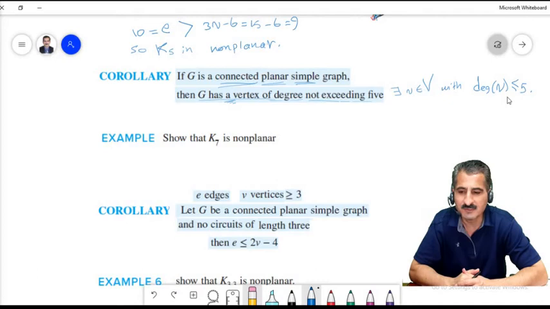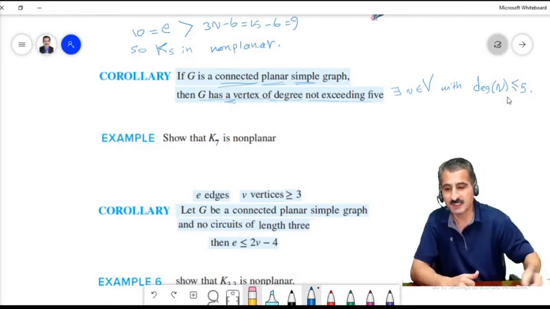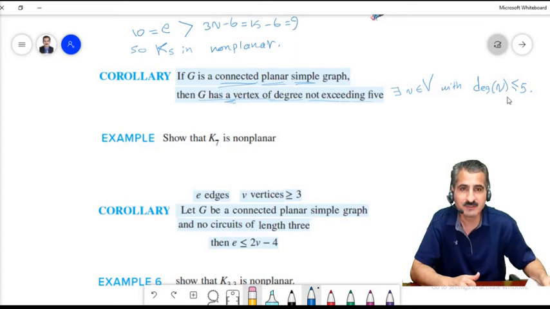So one vertex is enough. Therefore, if we have a graph where every vertex has a degree greater than 5, that means we have no vertex with degree less than or equal to 5. Then the graph is non-planar. I mean, we are using here the contrapositive.